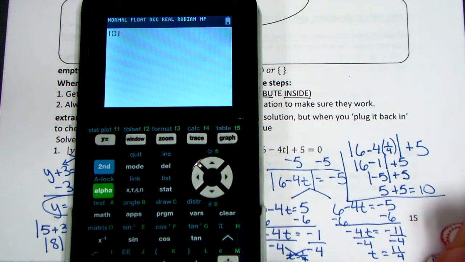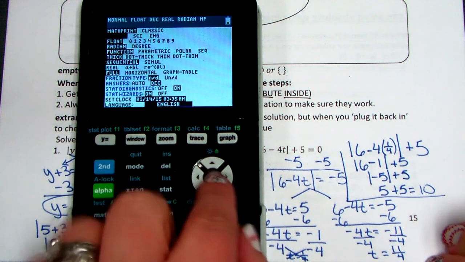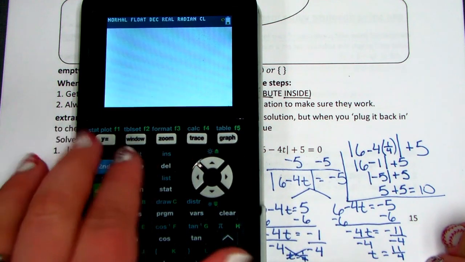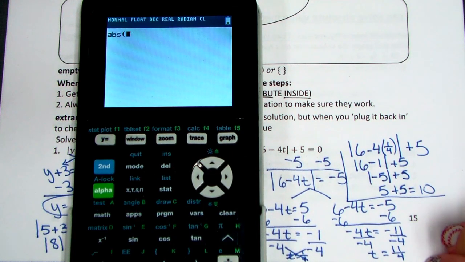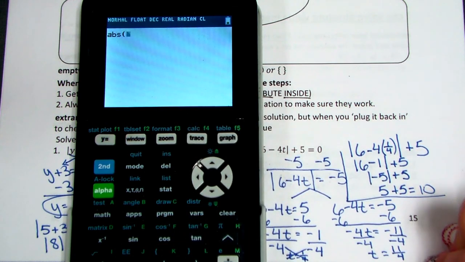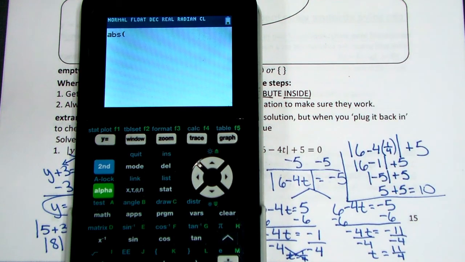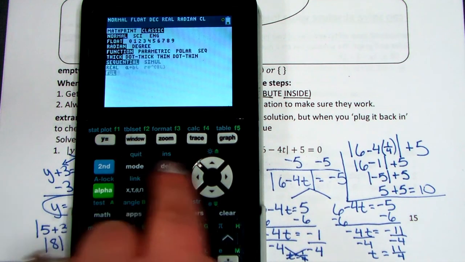It should be our absolute value. Now, some of your calculators are going to look just a little bit different when you press that ABS. Math, NUM, ABS. They might look like this. Either way, it's the same thing. Just be sure that if your calculator does look like this, when you are finished entering in everything that's inside the absolute value symbols, you need to put another parenthesis to close it off before you continue.